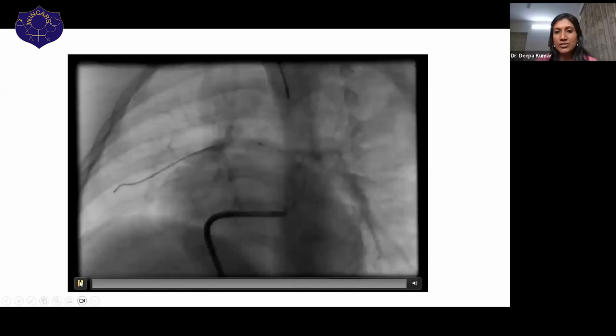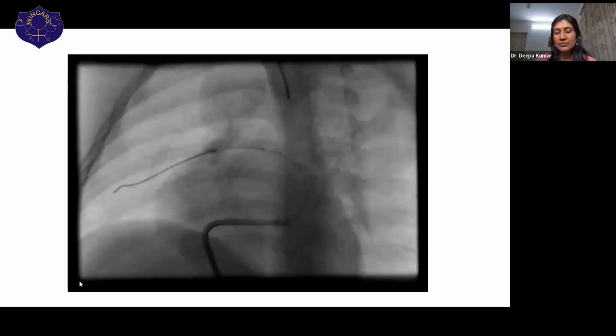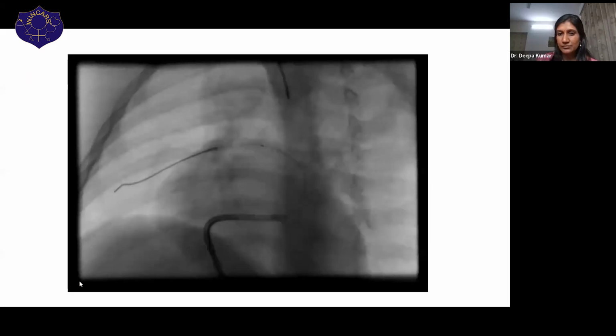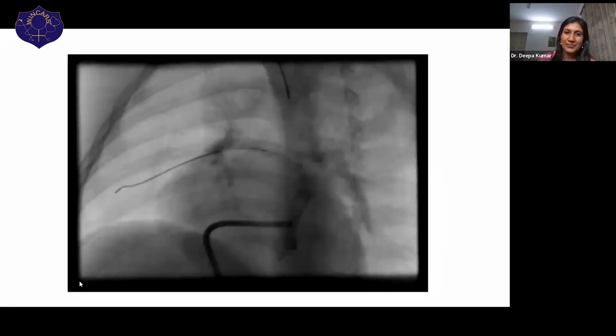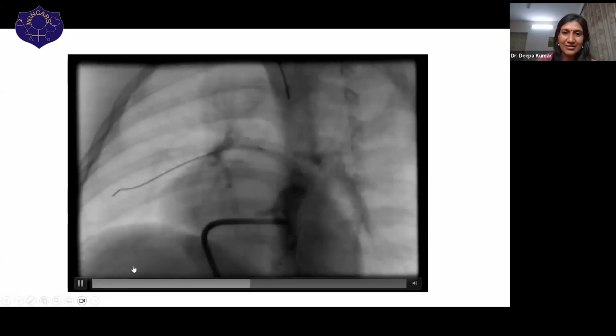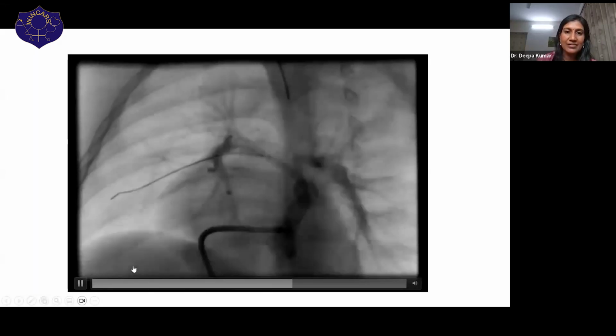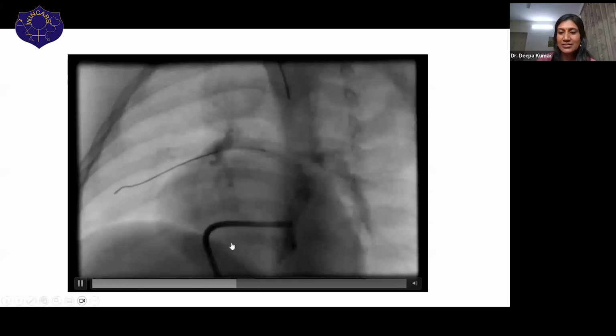Would anyone like to comment on this angiogram? Anand, has anybody written in the chat box?